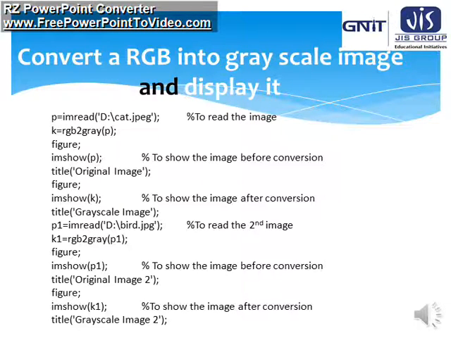Title will display the corresponding string over the image, so that's why we write title original image or input image. After that we write figure, imshow(k). This k will display the processed image, to show the image after this conversion.